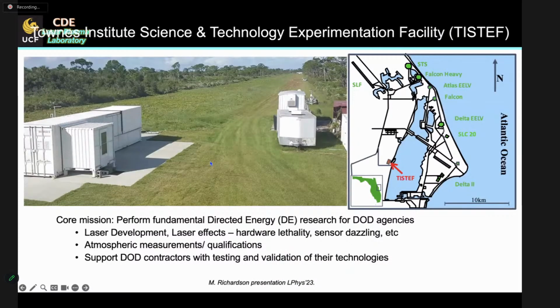Here is a picture of a similar system that we've built now on the range at Cape Canaveral. Here it is enclosed in so-called air-conditioned Connex systems. It is a fully mobile system, ostensibly, and at the present time is firing down this 1 kilometer range. Our TISTEF facility is very close to the rocket liftoff facilities of NASA, farther north on Merritt Island at Cape Canaveral.